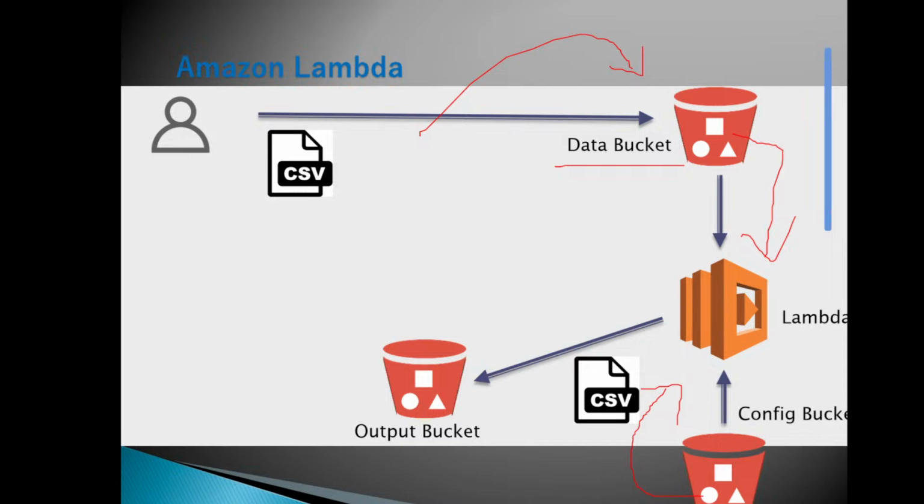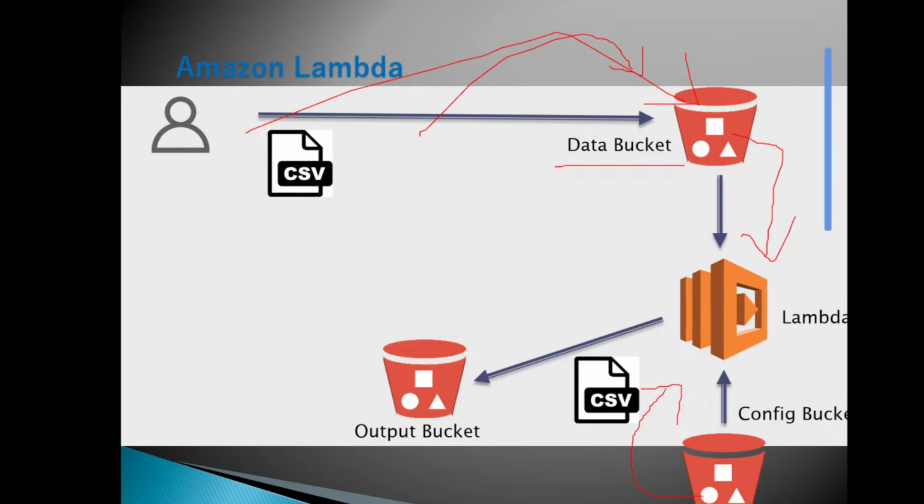Okay, now this process will take a couple of seconds. According to file size, your process will be completed within a couple of seconds, and you don't have to worry about the timeline, because the moment the client sends a file to S3, the Lambda will be triggered and it will process the file. So throughout the day, you don't have to worry, you don't have to create a server. It's a complete serverless solution.